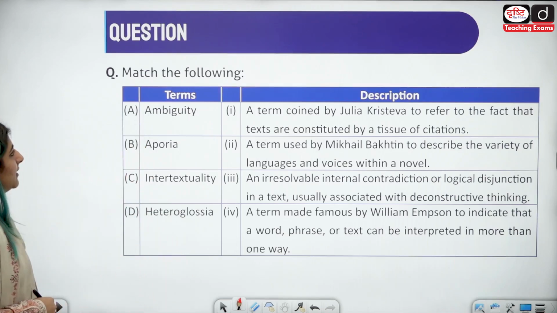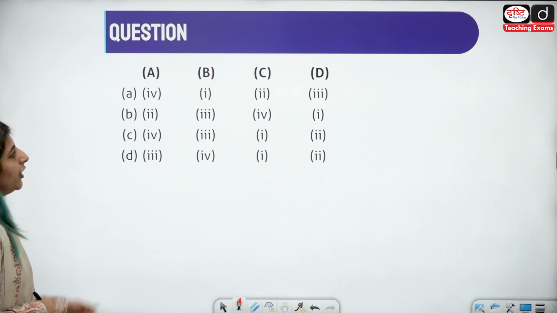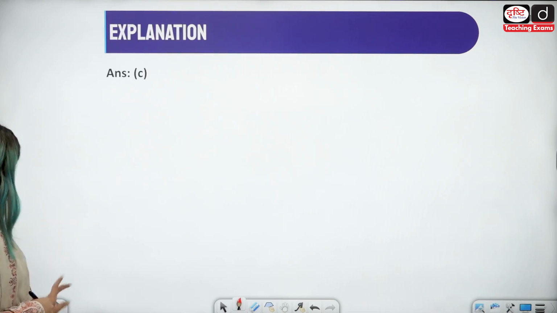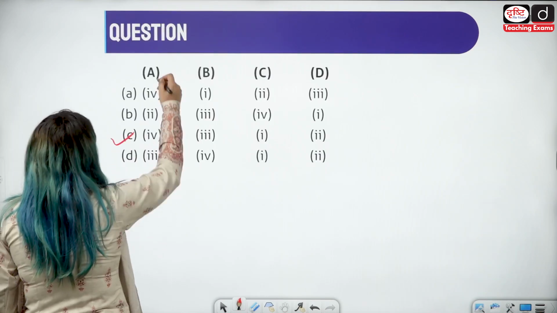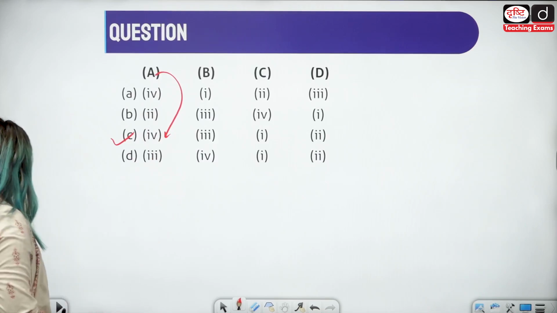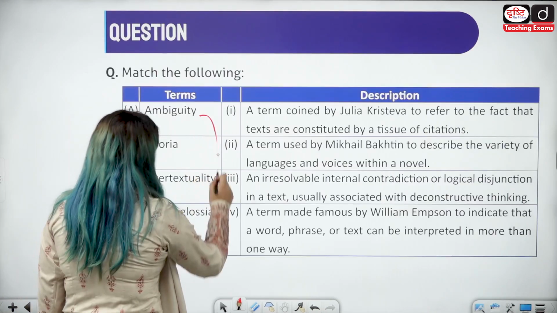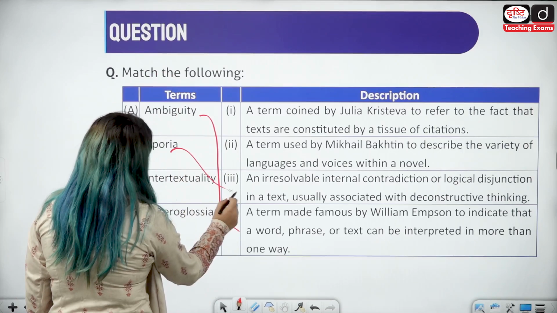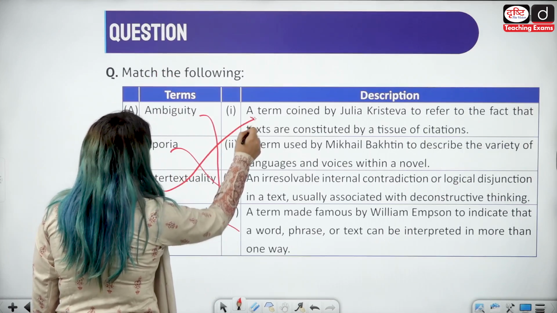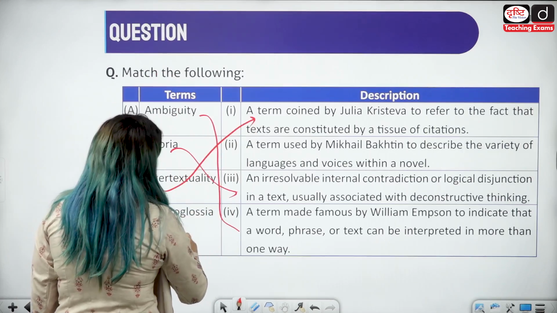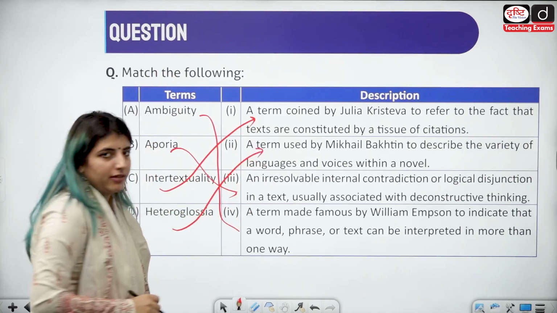So the right answer to this question according to the code that is there is option C. It's option C, that is A4, B3, intertextuality with Kristeva, C1, then heteroglossia is with Mikhail Bakhtin.